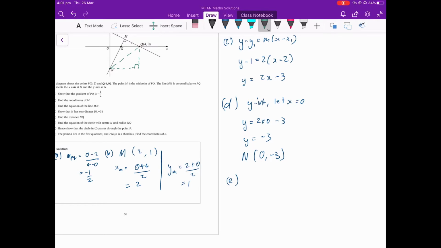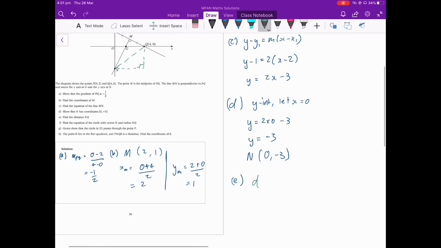So I'll have d is equal to the square root of (4 minus 0) all squared plus (0 minus 3) all squared. So I get the square root of 16 plus 9, which equals the square root of 25, which would equal 5 units.